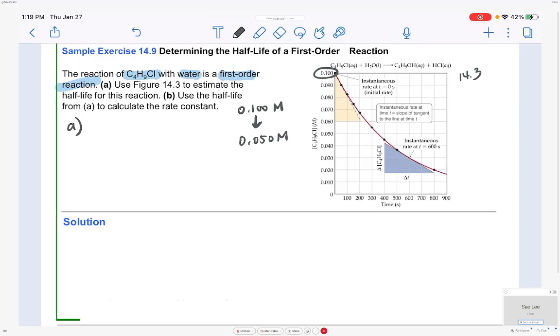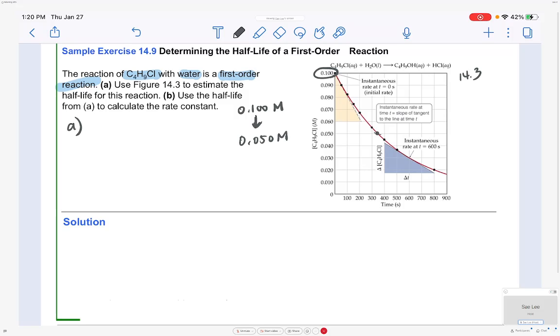So you can go to this graph and find the point where 0.050 is, around here.